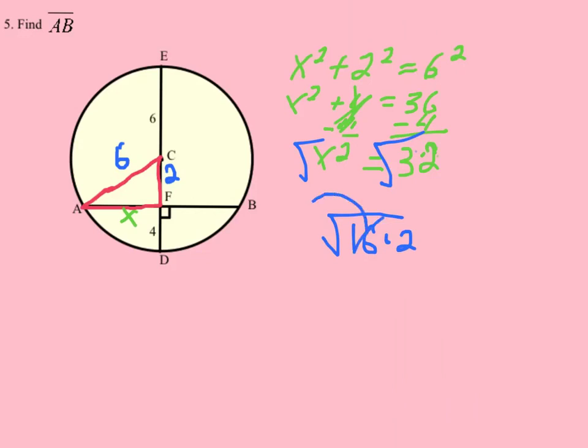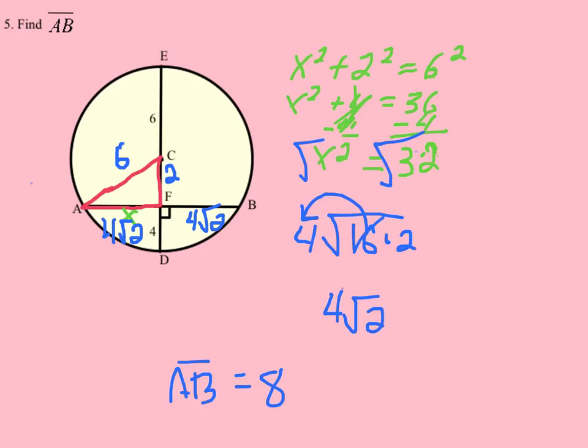Cross off the 16, pull out the 4, and our answer is 4 radical 2. And that's just this guy here. If that's this guy over here also, our final answer of AB is 8 radical 2. That's that whole multiply inside and outside the house thing. The 2's don't change, but the 4's get added together.